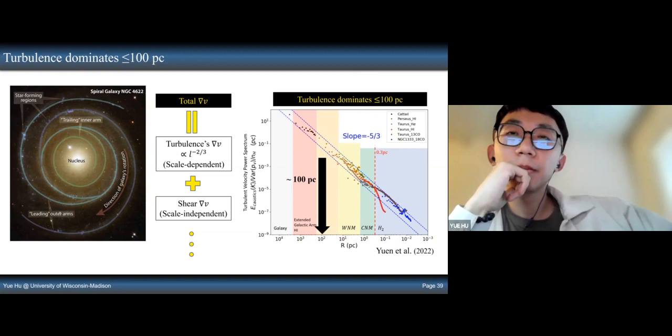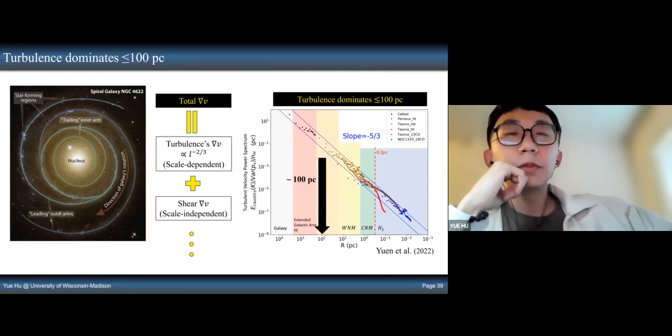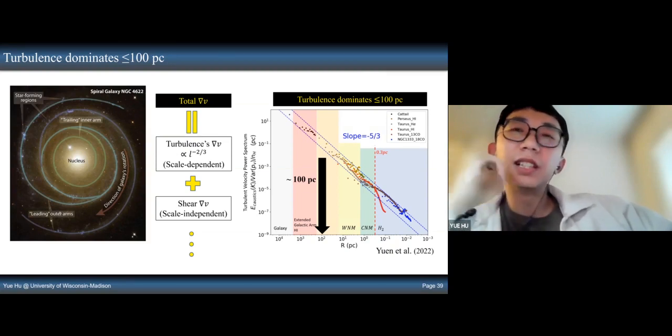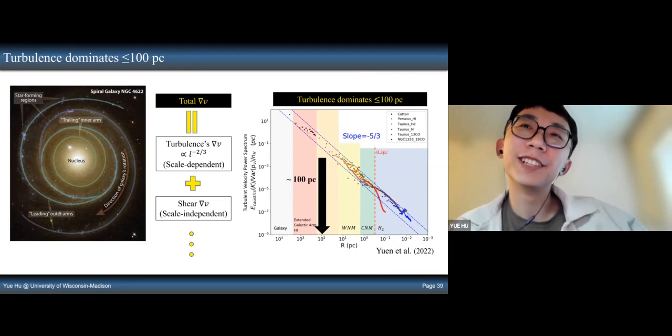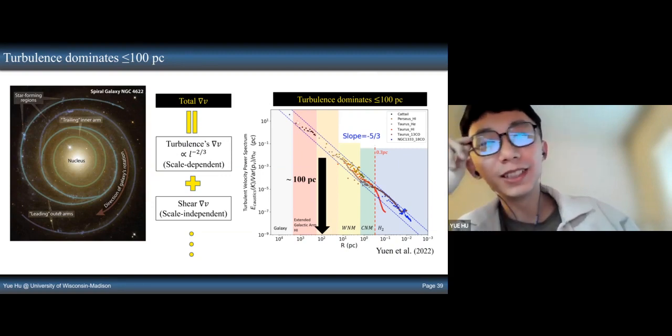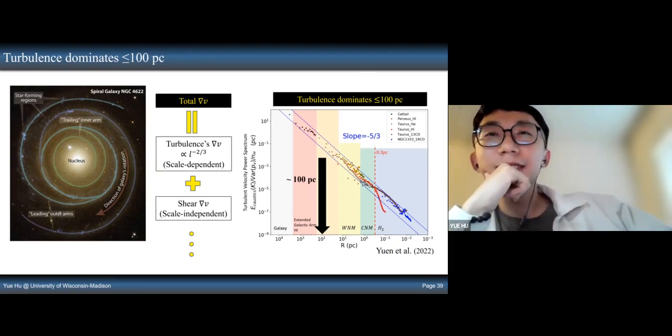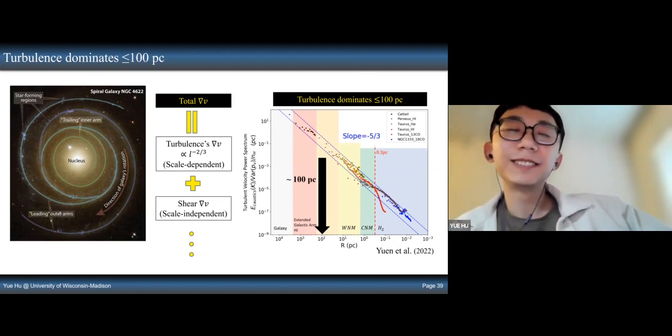You're saying in this case it is turbulence to larger scales, but in general you don't expect that? Yeah, we don't expect that. Thanks. And also for the H1 arm here, in my opinion, and that's not my work, I feel like the slope here is a little bit strange. It's not quite as well fit by the Kolmogorov scaling. Oh yeah, no, always difficult.